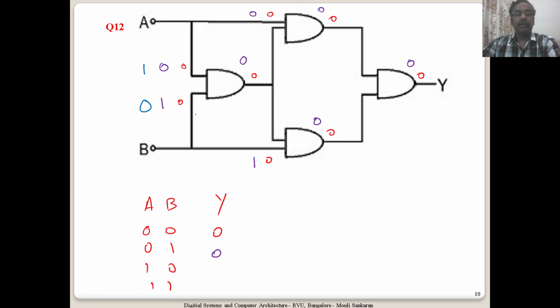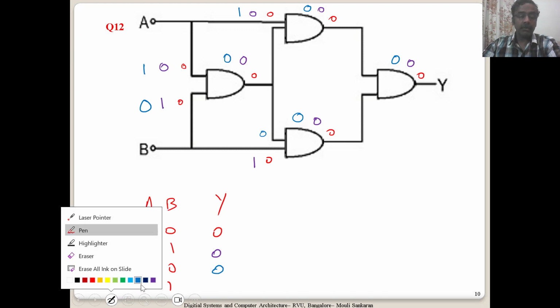B is 0. Now doesn't matter. This is 0, 1, but 1 and 0, this is also 0. Here you get a 1 here, but the other input is 0 here. So this is going to be 0. Fine.